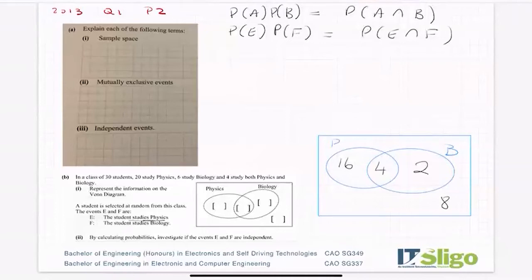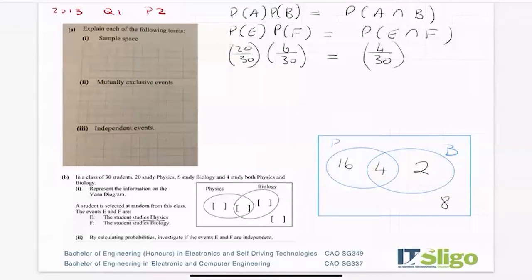Okay, so the probability that they study physics, I would say, is 20 out of 30. The probability that they study biology is 6 out of 30. And that, if they are independent events, is equal to the intersection, which is 4 out of 30. Okay, so let's try that on the calculator.